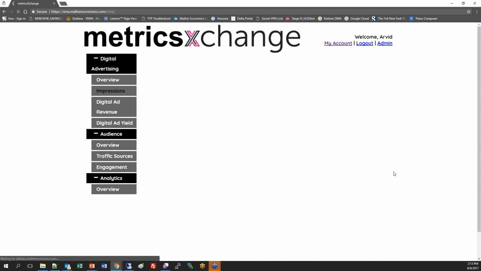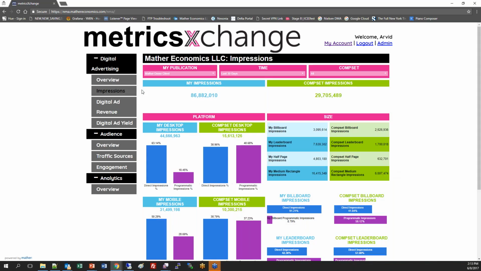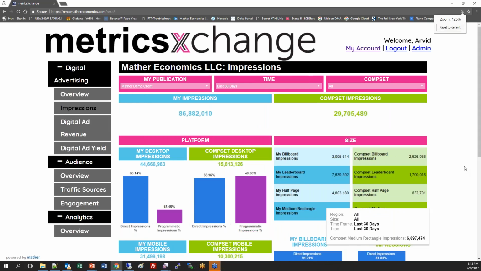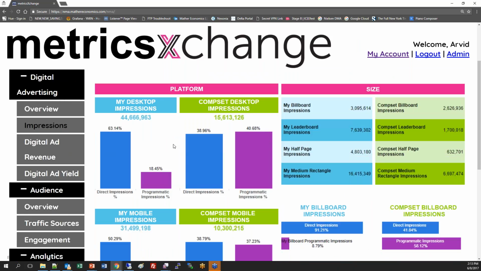So, moving on to impressions. Here we'll break down sell-through rates by platform and ad position. Let me zoom in a little bit to make this a little bigger. There we go. So for example, by platform, I can see my direct impression proportion.